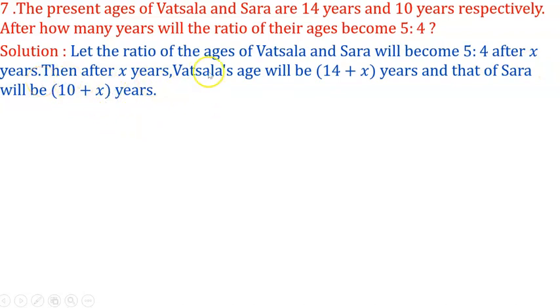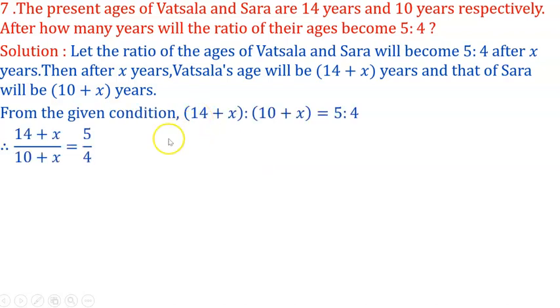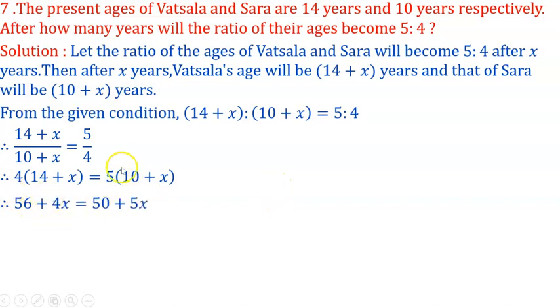Then after x years, Vatsala's age will be 14 plus x years and that of Sara will be 10 plus x years. From the given condition, 14 plus x upon 10 plus x is equal to 5/4. After cross multiplication, you will get 4 in bracket 14 plus x is equal to 5 in bracket 10 plus x, that is 56 plus 4x is equal to 50 plus 5x.